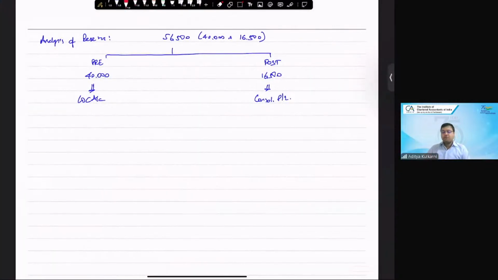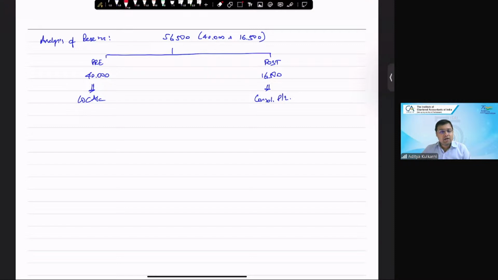So this 56,500 is the total P&L of the subsidiary. Out of that, 40,000 was for your pre-acquisition reserves, not when you had control over the entity. And therefore, that will go and sit where? That will go and sit in your cost of control account. It will be adjusted while I compute the goodwill.